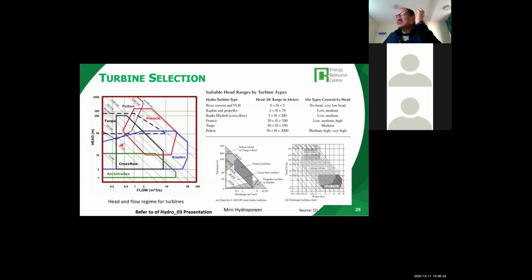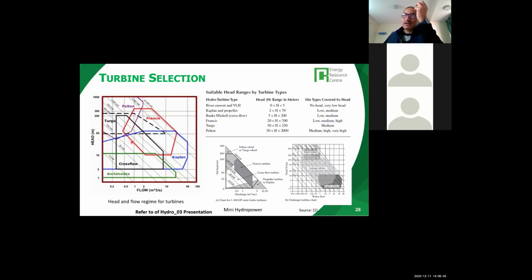Then you have the Kaplan turbine within 50. Then the Francis, the red one, from as low as 10 to 300 meter. Of course, the high head, low discharge is basically Pelton. Then you have the turbo turbine, which also overlaps with Francis over here.